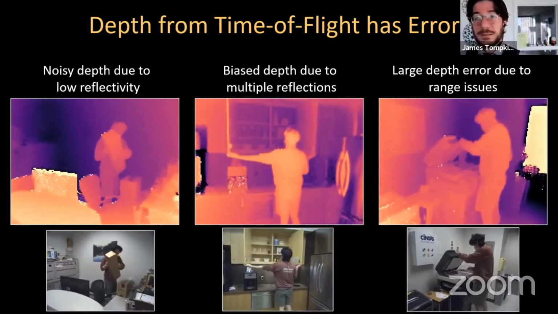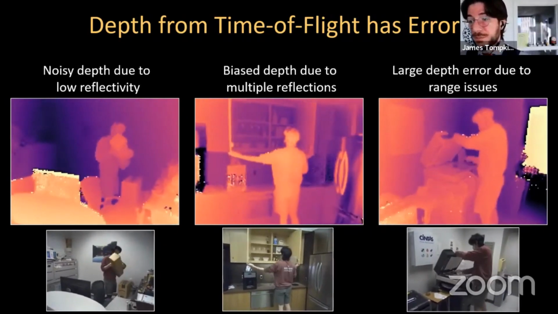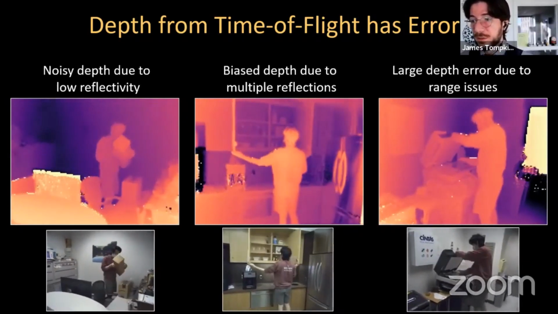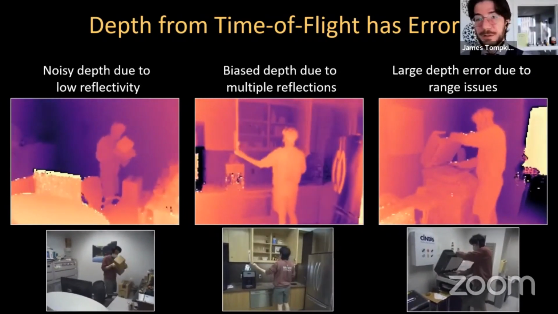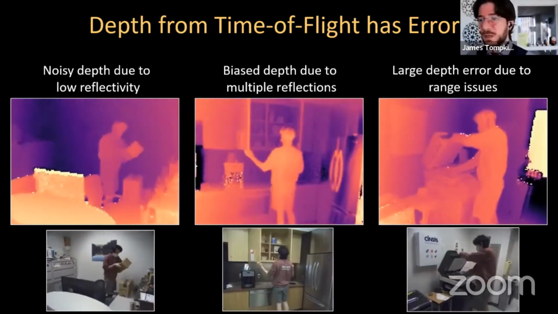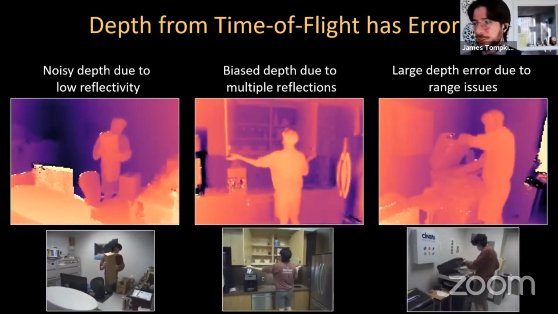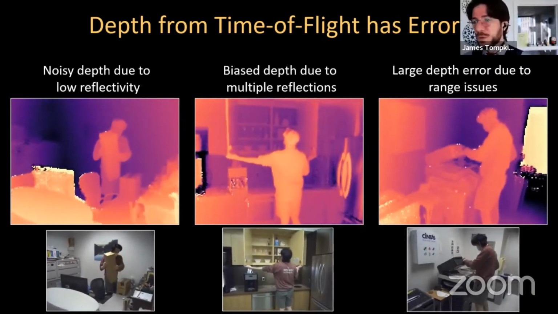And the black computer monitor is very, very noisy. On the top there, it has pixels that look completely in error. They look very, very close to the camera, but clearly they're not that close. This is because the object is dark. It doesn't reflect a lot of light, and so traditionally, the time of flight sensor has problems.